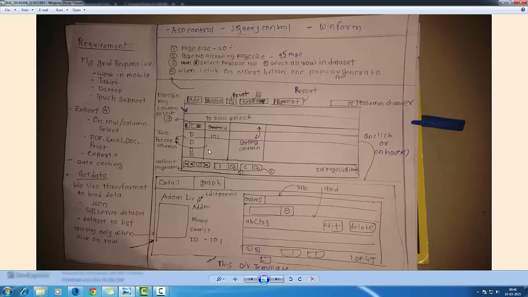My client requirement is that the default page size is 10. If I want to load 20 records in the grid view, when I type 20 here, the 20 records will be displayed in the grid view, and the page size is also changed here.